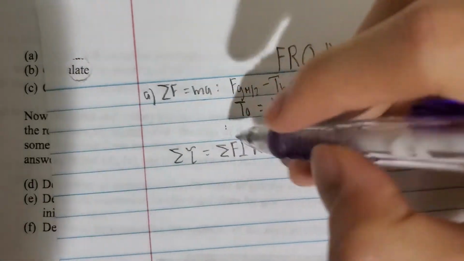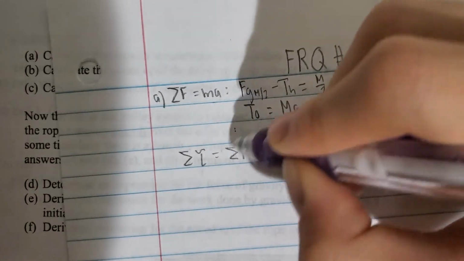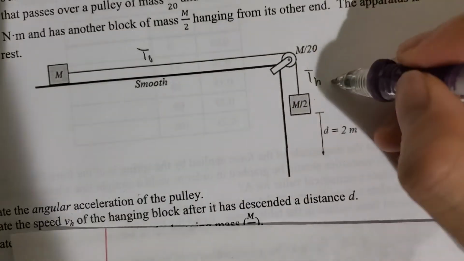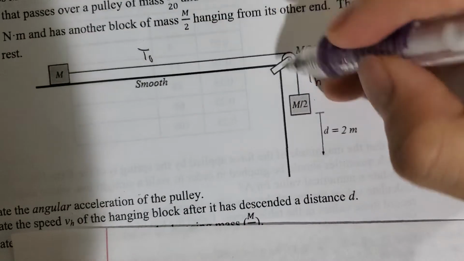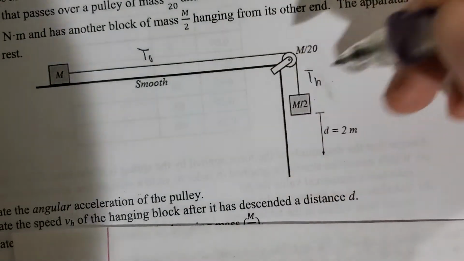So first of all, I'm going to plug in the total forces. So I have T_H right here and T_O. T_H and T_O are opposing each other, and T_H is going to be bigger because the system is moving this way.